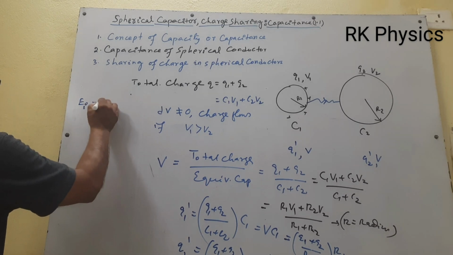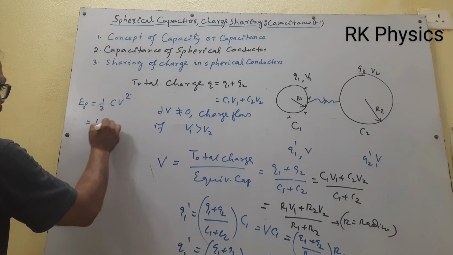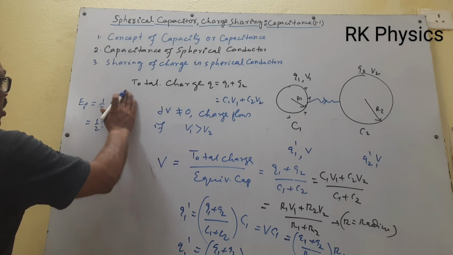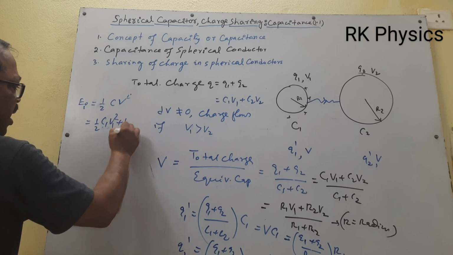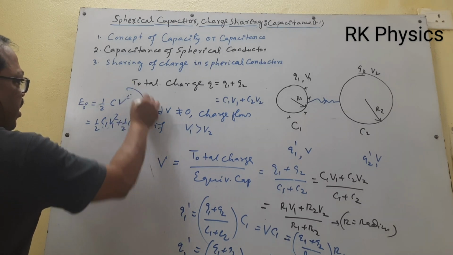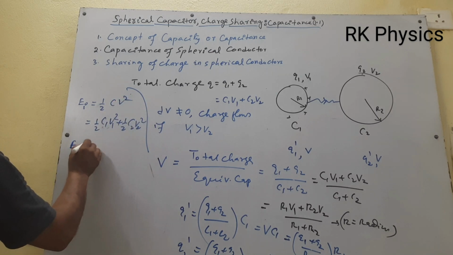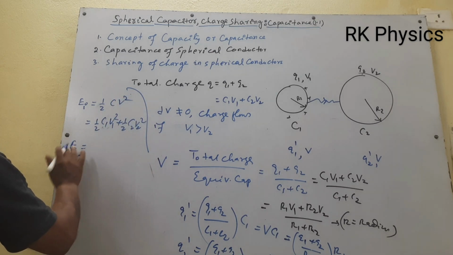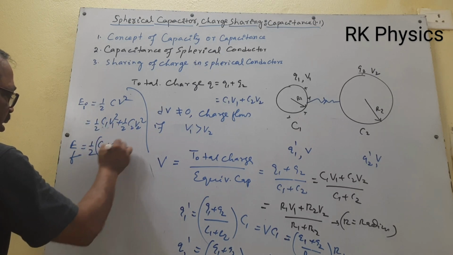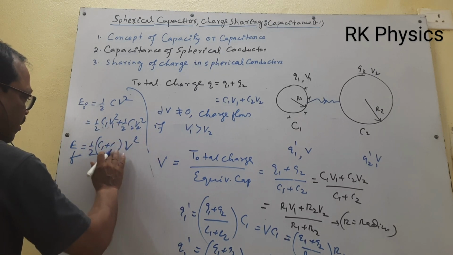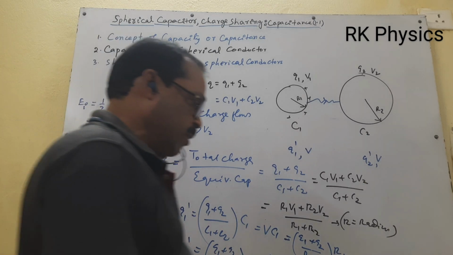The initial energy is half C V square, that is half C1 V1 square plus half C2 V2 square. Now after connection, the final energy is half C1 plus C2 into common potential square.